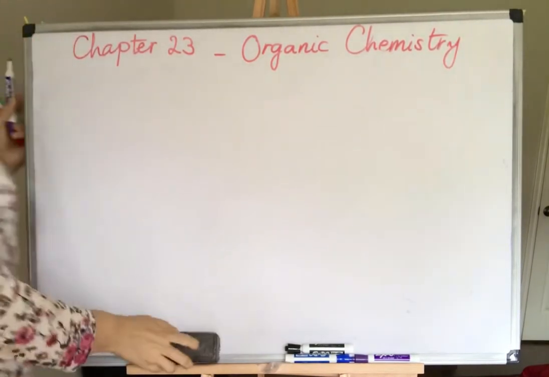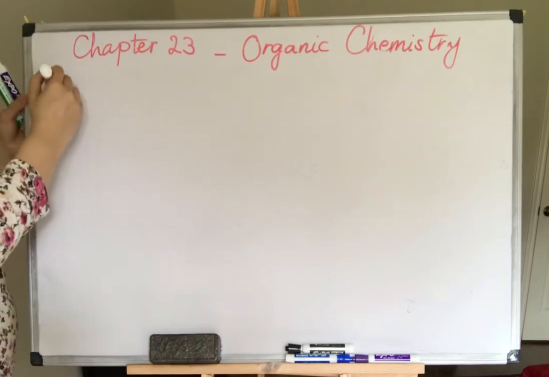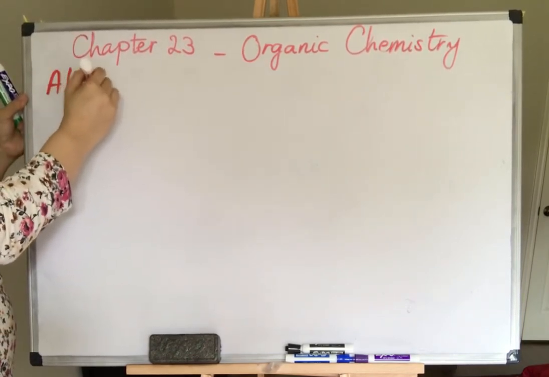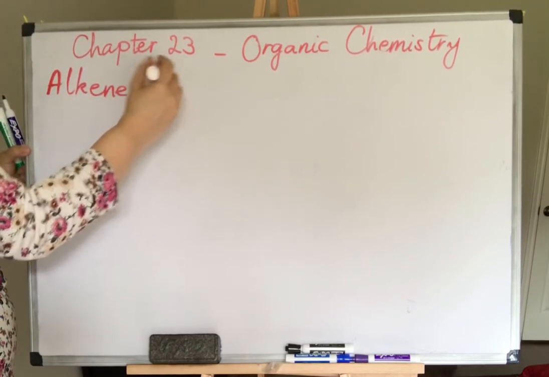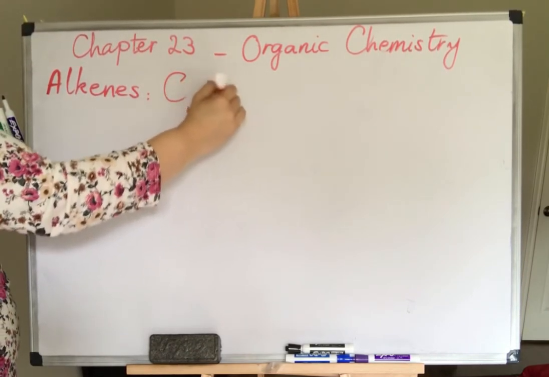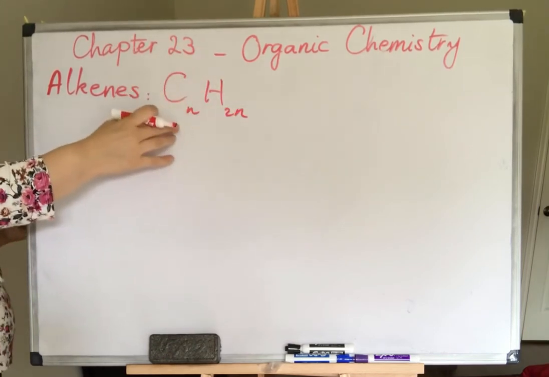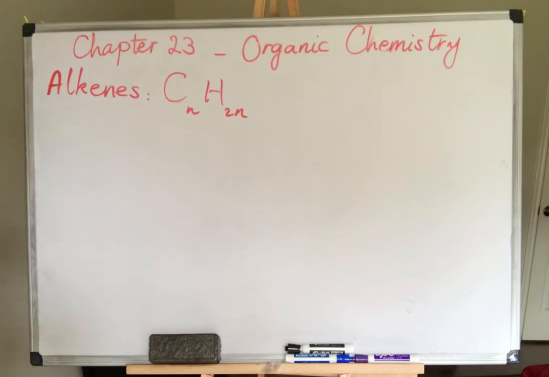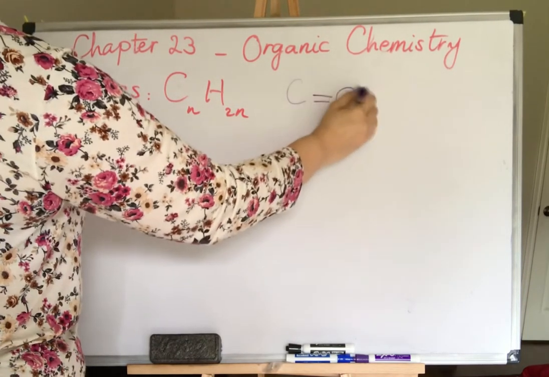But let's move towards unsaturated compounds, which are called alkenes. CnH2n is the formula, 2 fewer hydrogens. Their formula is very similar to cycloalkanes. Why? Because there is a carbon-carbon double bond.